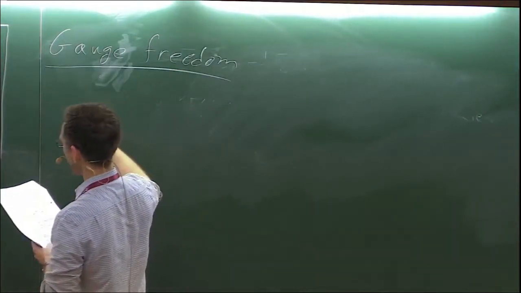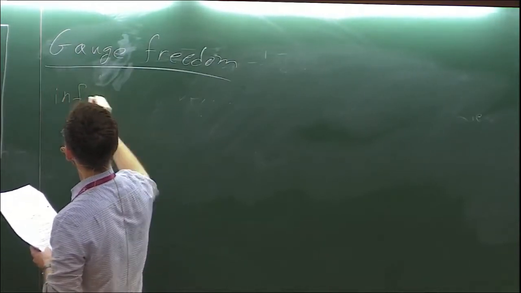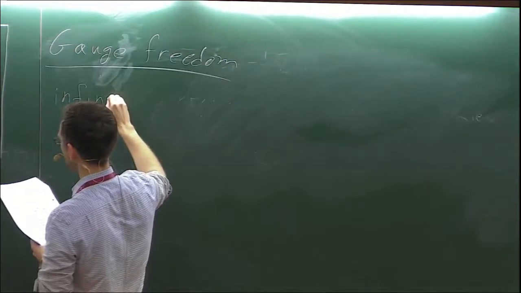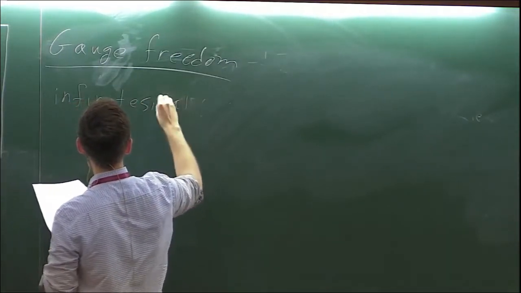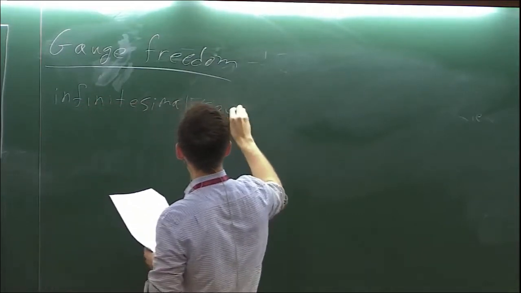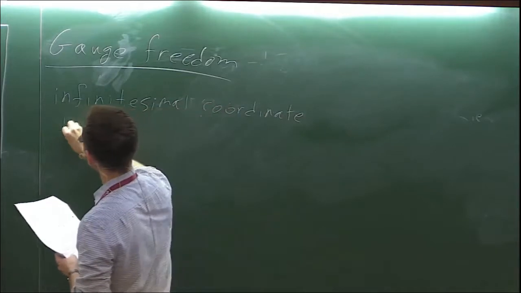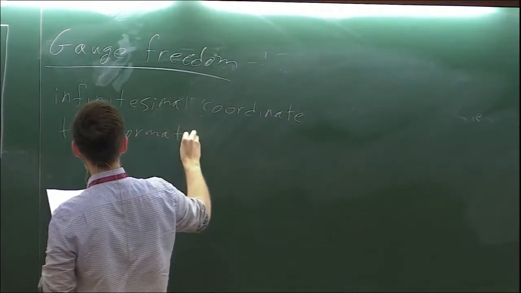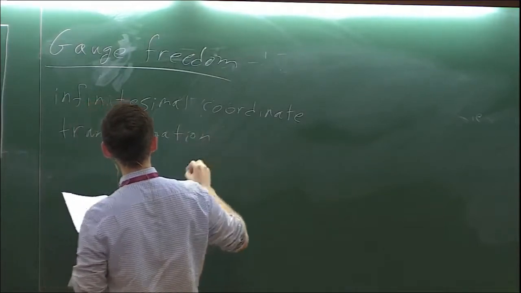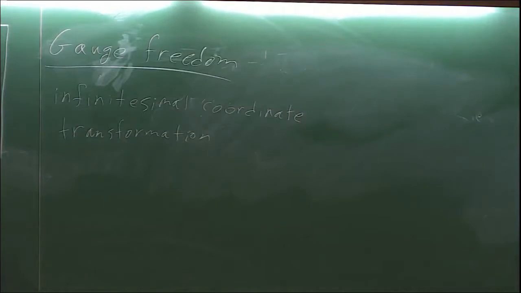Okay, so what do we mean by gauge transformation? In perturbation theory, what we mean is an infinitesimal coordinate transformation. So you can actually define these gauge transformations without referring to coordinates at all, but I think it's simplest to explain just using coordinates.